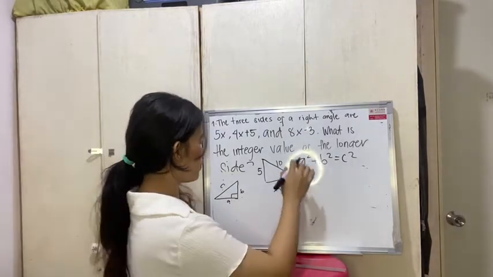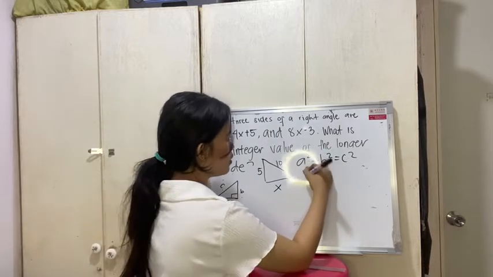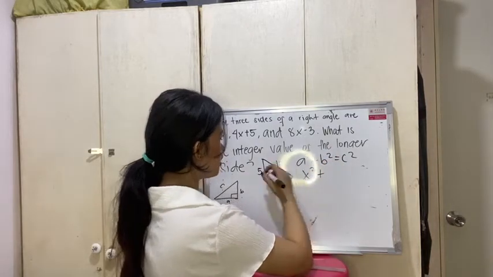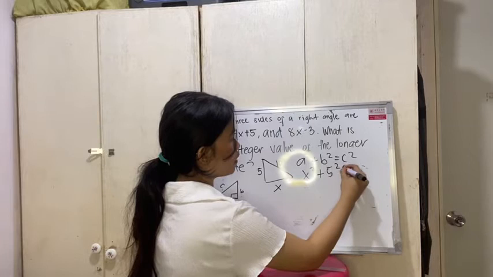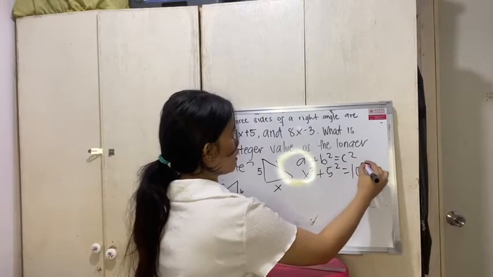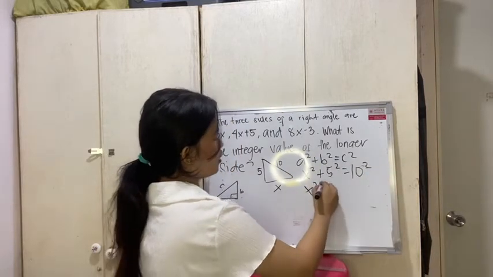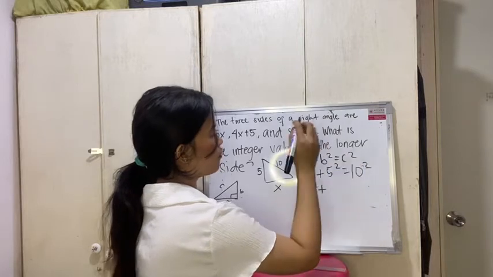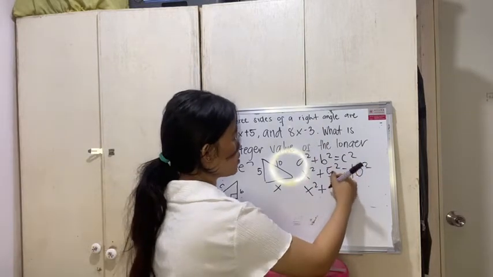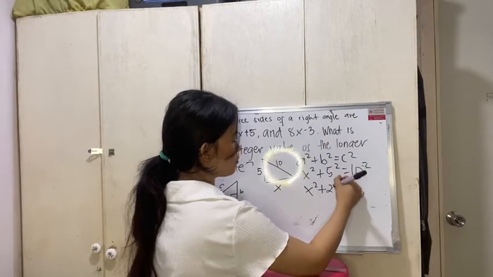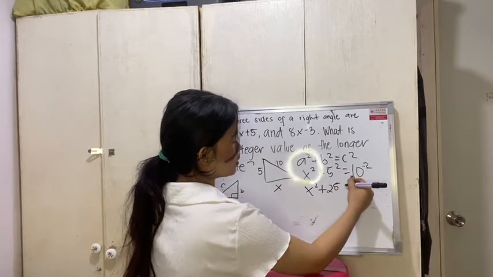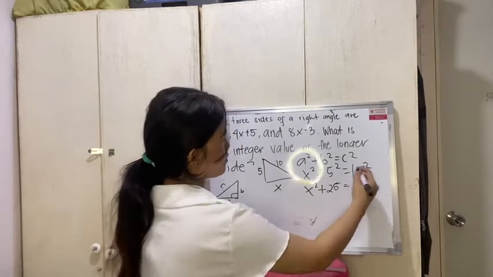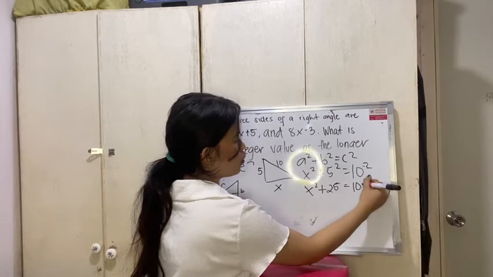So we replace a squared with x squared plus b squared, 5 squared, equal to 10 squared. So x squared plus 5 squared, which is 25, equals 10 squared, or 10 times 10, which is 100.